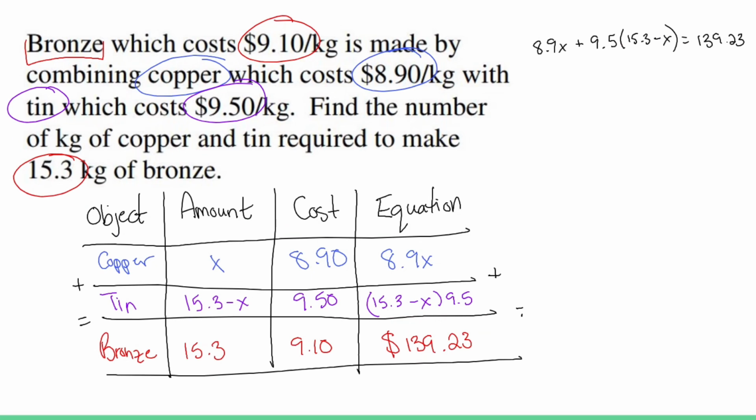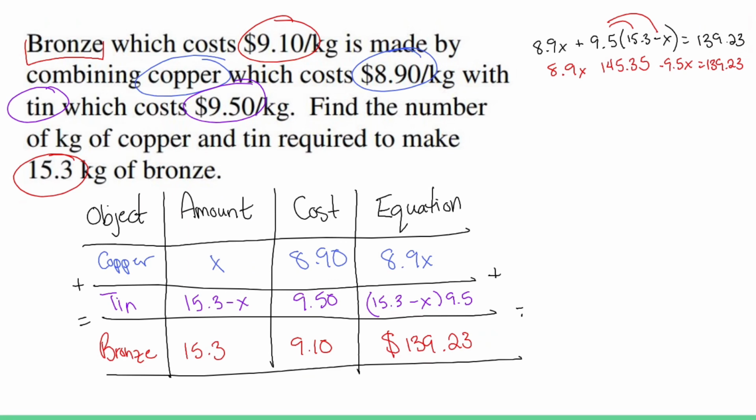Step number one, distributive property. 9.5 times 15.3 is 145.35. 9.5 times negative x is minus 9.5x. Coming along for the ride, we have 8.9x, and it equals 139.23.